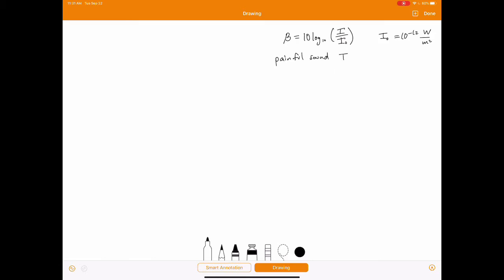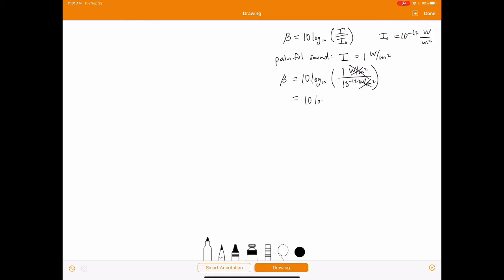That would be I equals 1 watt per square meter. That's where the sound is so loud that it starts to become painful. And if we plug in that value into our formula for the sound level, beta is equal to 10 times log base 10 of 1 watt per square meter divided by 10 to the minus 12 watts per square meter, which we can cancel out the units.